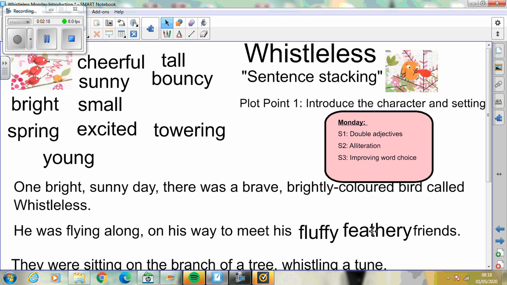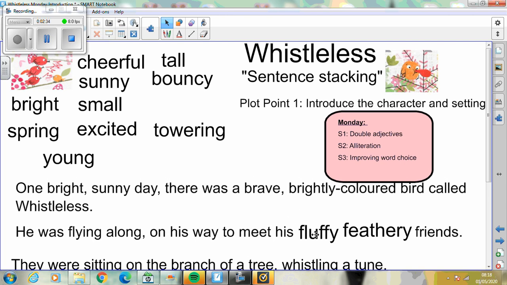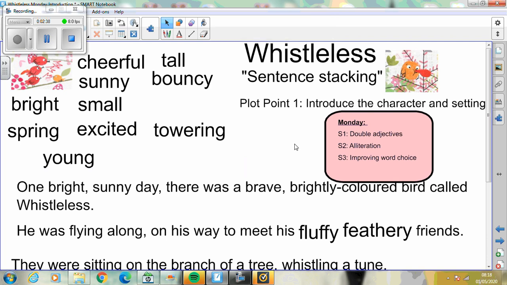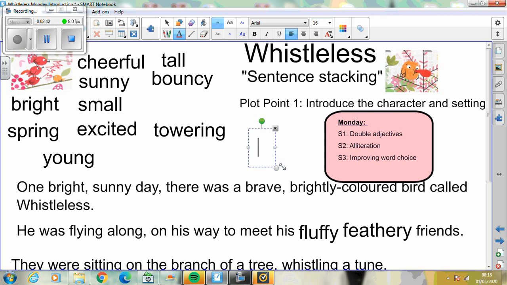Okay, I wonder if you can remember what needs to go between the two adjectives I've used to describe friends. That's right, it's a comma.